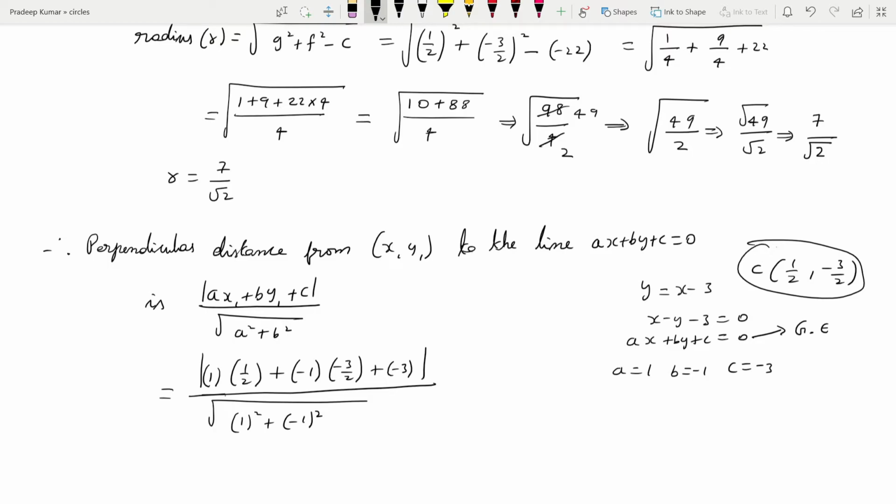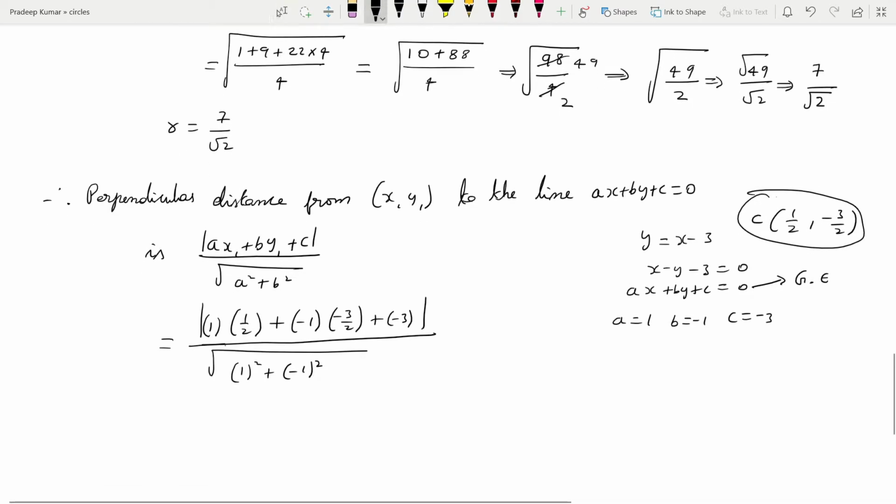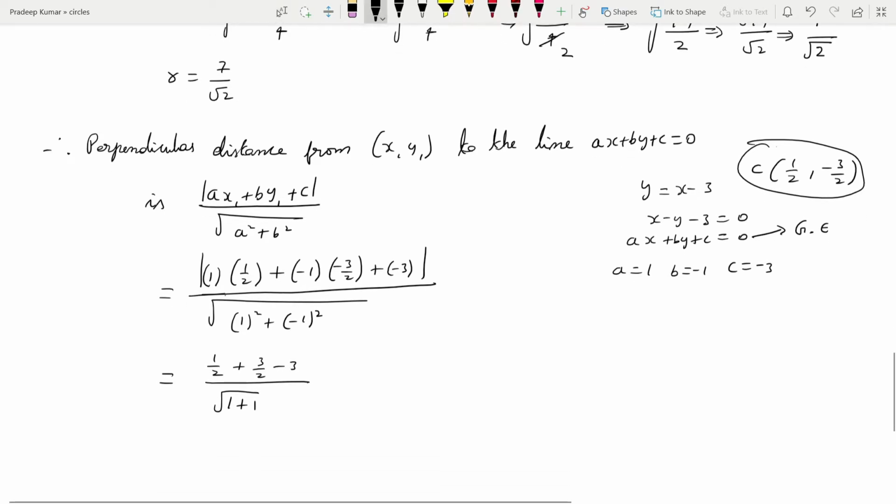Let's try to solve this forward and see what answer we get. I can write this as 1 into 1 by 2, which is just 1 by 2. Minus into minus is plus, so I can write this as plus 3 by 2. This is minus 3, whole by 1 plus 1 under root. Let's solve this forward. So this is 1 plus 3 minus 3 into 2, I'm taking the LCM here, by root 2.